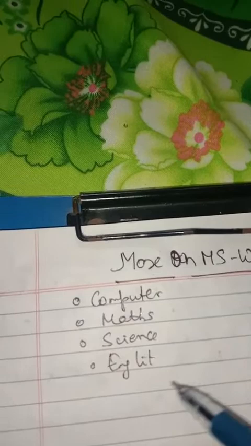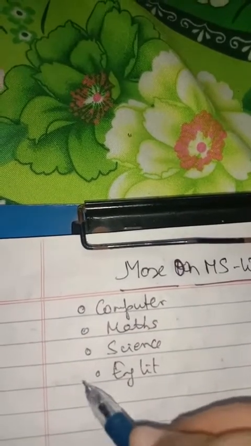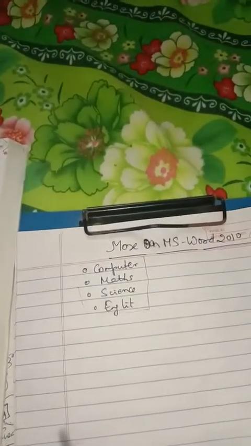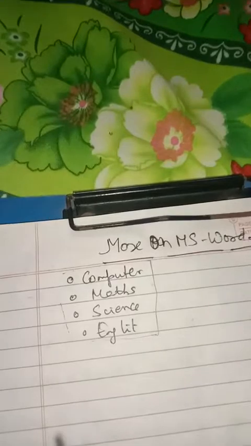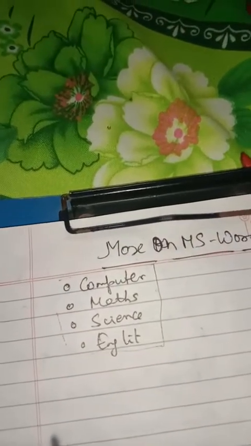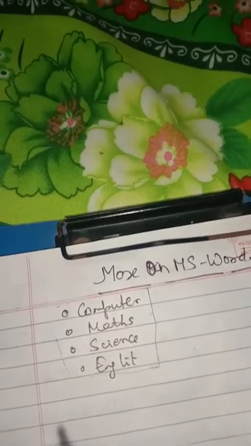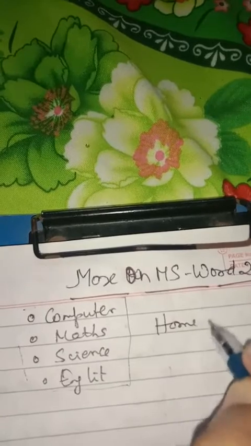Now if I want to remove them, first of all I will have to select this content, and after selecting this content, I have to move to the Home tab. From the Home tab I have to go to the Paragraph group, and in the Paragraph group I have to select the bullets.